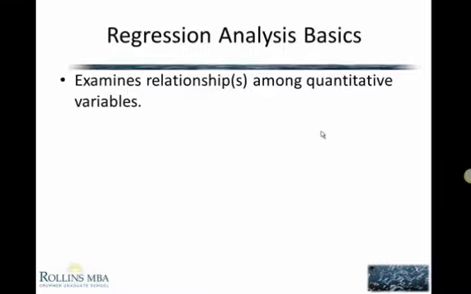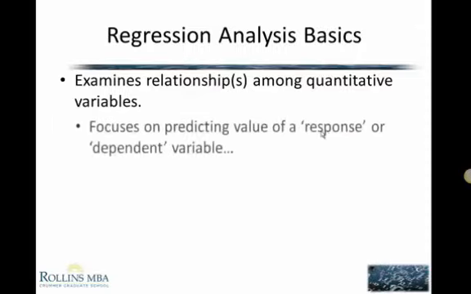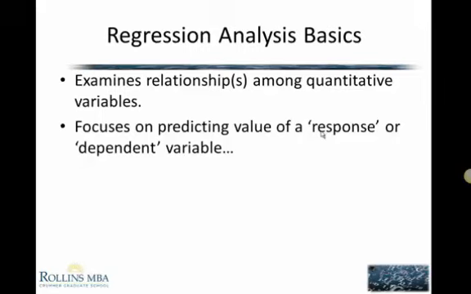You'll remember way back when we were talking about correlation and scatter plots, we said we're interested in the relationship between two variables. We're specifically interested in finding out about the value of one of our variables as a function of the other. So we want to predict the value of what's called the response or the dependent variable.